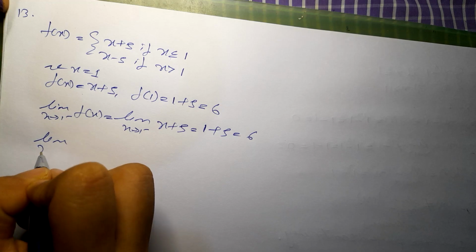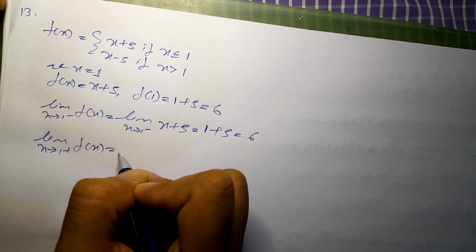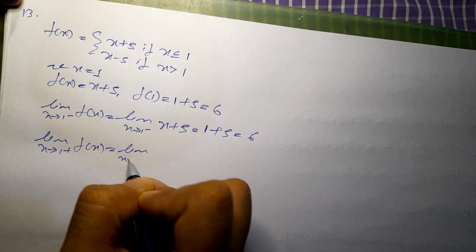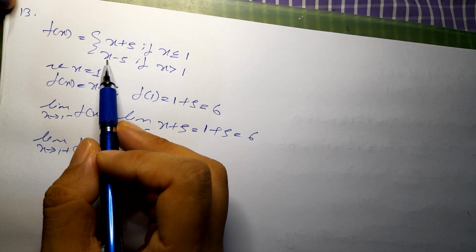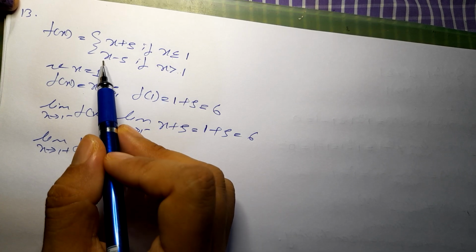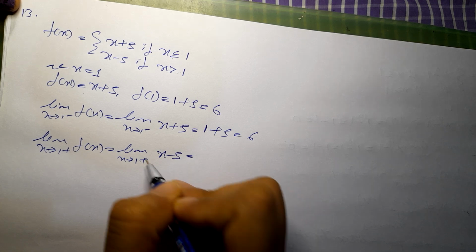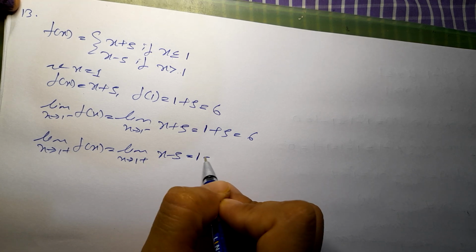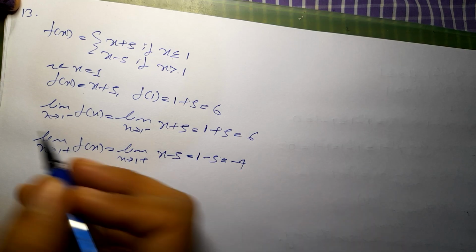Now the right hand limit, limit x tends to 1 plus f of x, which is the function for x greater than 1. Right hand limit means greater than 1, x minus 5. Instead of x place 1 minus 5, it will give minus 4. These two are not equal.